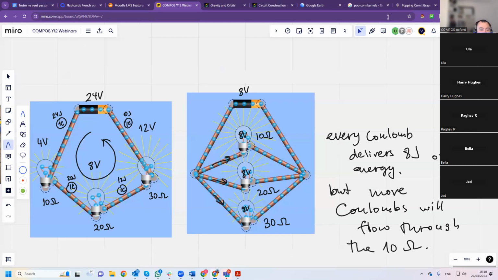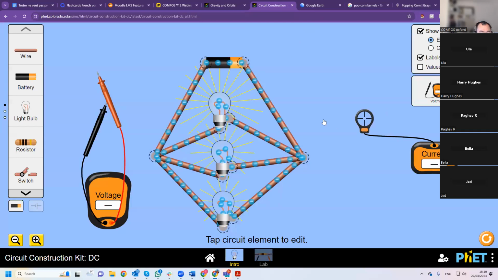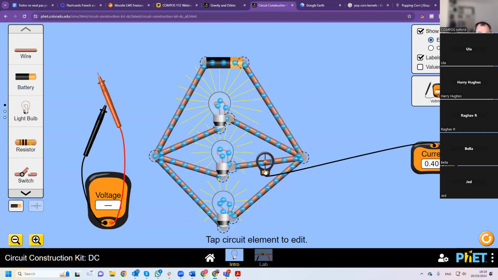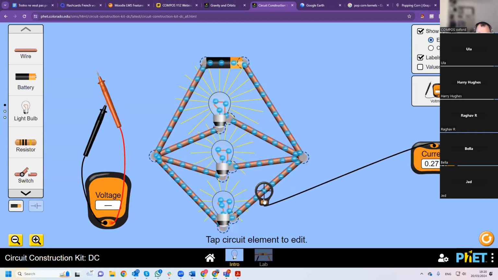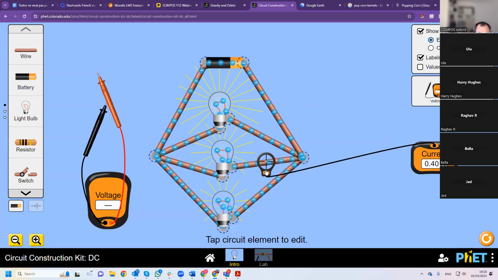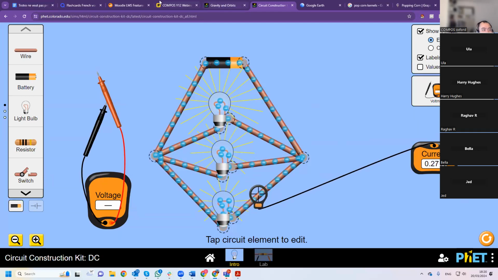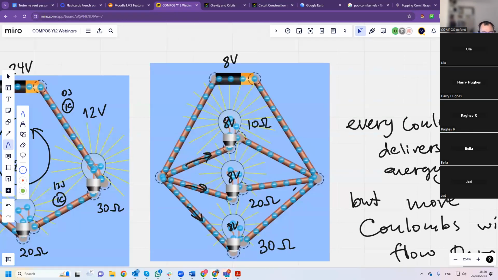Does that make sense? Because if you measure the current now, it's 0.8, 0.4, and 0.27. So there's less current here, there's more current there. 0.8 amps, 0.4 amps, and 0.27 amps passing through.